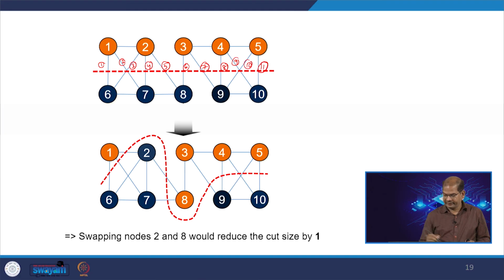So, if I swap the two nodes, the cut cost is reduced by 1.